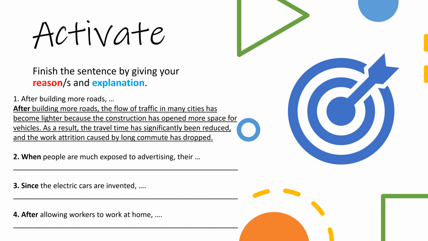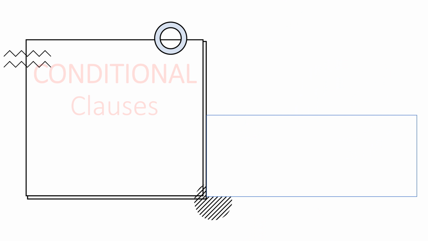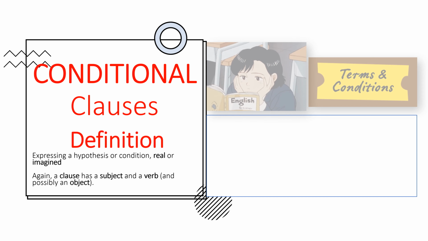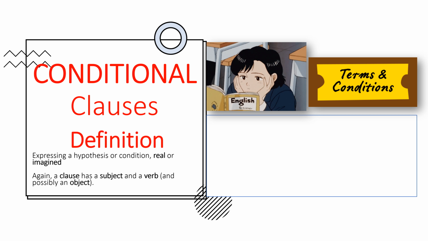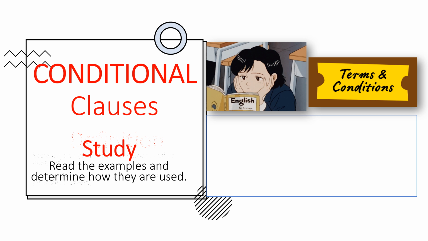Now let's move on to the next type of adverbial clause, which is the conditional clauses. Now, what are these conditional clauses? This expresses a hypothesis or condition which is either real or imagined. Now let's study some of the example sentences here. The first sentence here is this one.